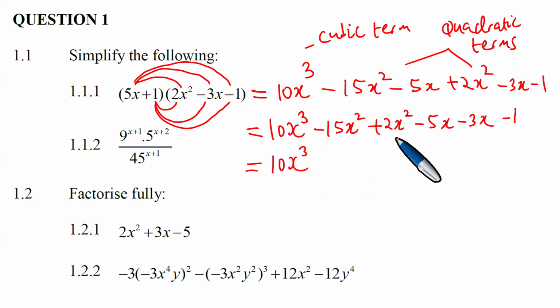Okay, what is minus 15x squared plus 2x squared? What do we get there?